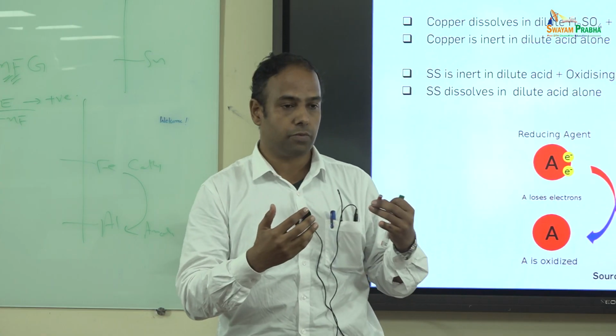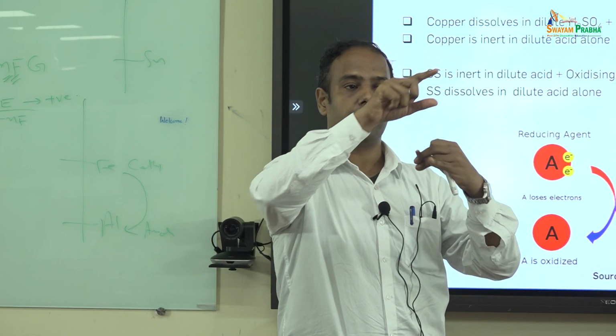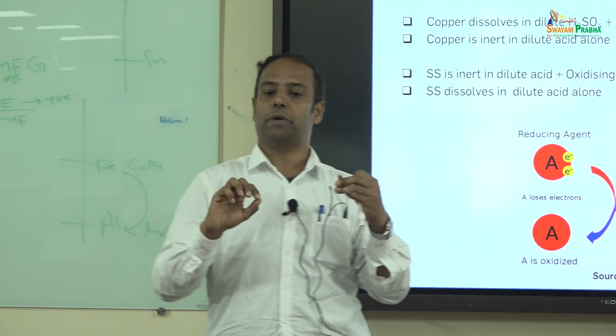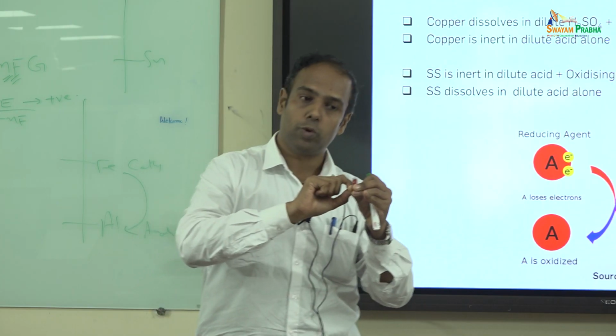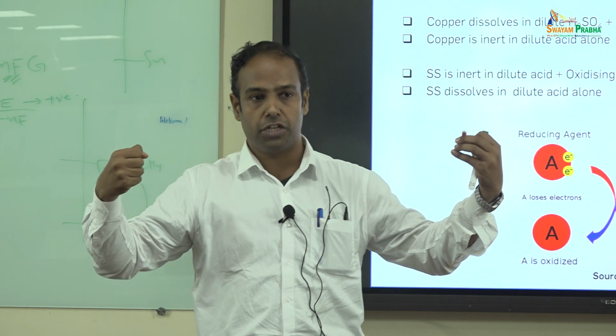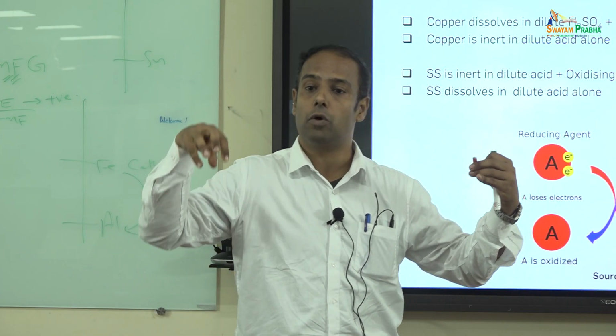Normally, if I ask a student what is uniform corrosion, they will say, sir, this is removal of material in a uniform fashion over a period of time. But the scientific aspect behind this has something to do with the anodic and cathodic sites. If you are able to distinguish between these two, then you're going to see corrosion is still there, but it will be in a localized form.